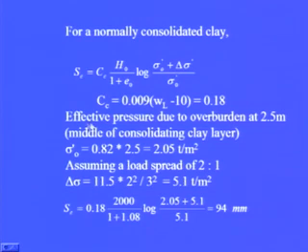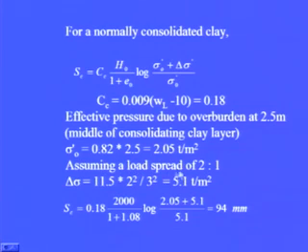In order to determine effective pressure due to the overburden at 2.5 meter, which corresponds to the middle of the consolidating layer, that will be equal to the effective unit weight, that is the submerged unit weight 0.82, multiplied by the depth, that is 2.5, equal to 2.05 ton per meter square.